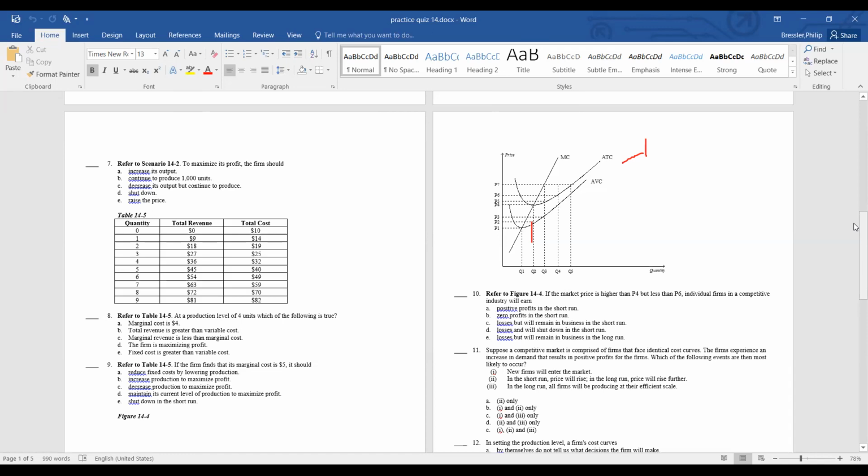The change in total revenue is 9 minus 0 is 9 over the change in input. You went from 0 to 1, so it's $9. For the second one, the change is from 9 to 18, so it's 9, again, over the change in input. 2 minus 1 is 1, so it's 9. All right, do you understand now how to get the marginal revenue?